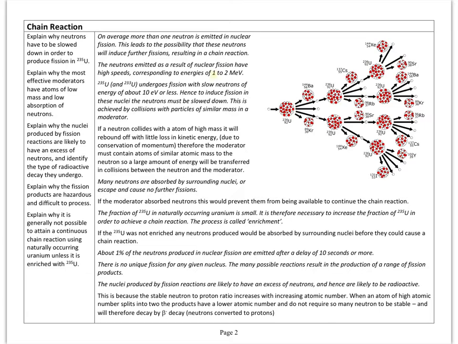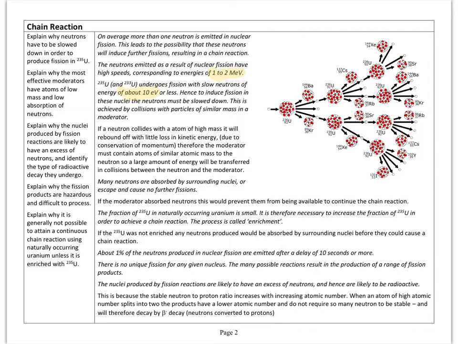However, if these neutrons are to cause an induced fission, so split another atom apart, they need to get slowed down to about 10 electron volts of energy.